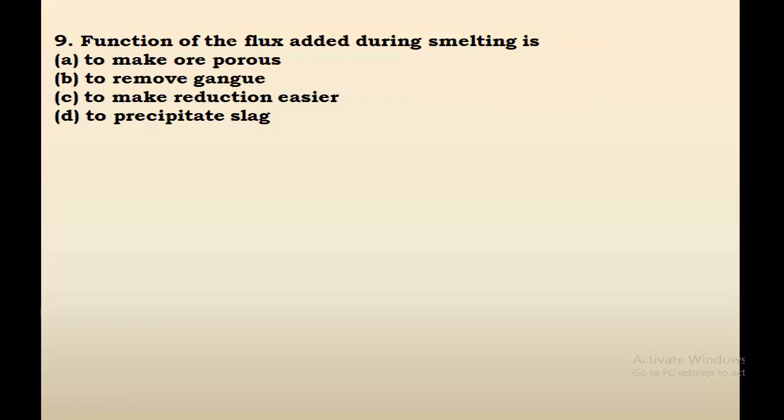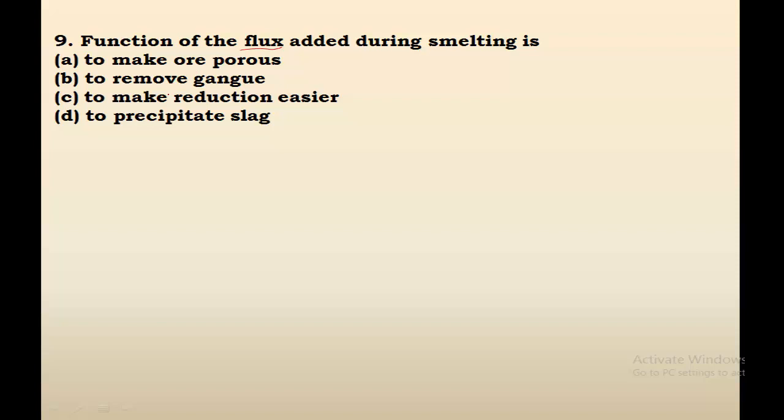Then the 9th one, the function of the flux added during smelting is... Why is the flux added? Smelting means reduction of metal with the help of carbon as reducing agent. So during that smelting, flux is added. It may be acidic flux or basic flux. So why is it added?